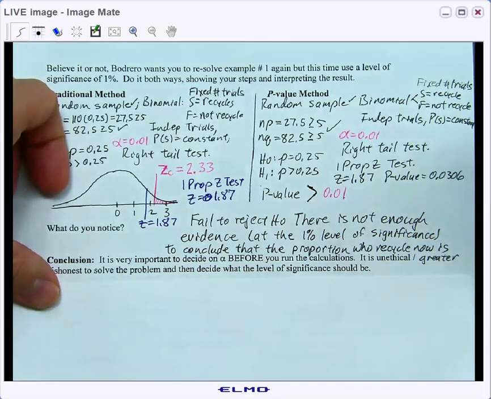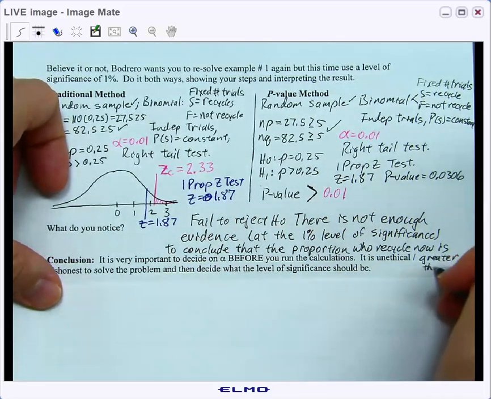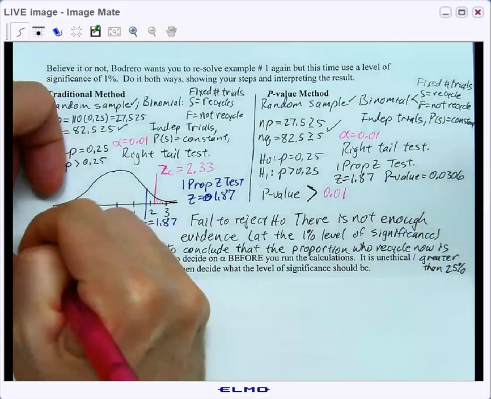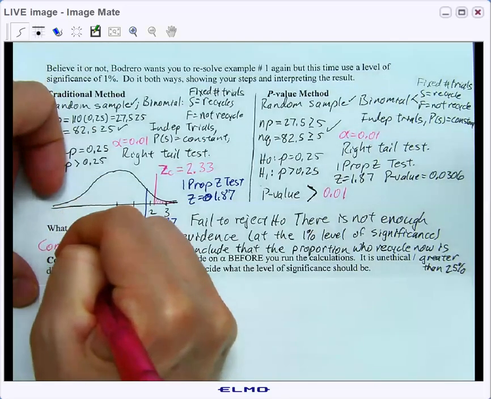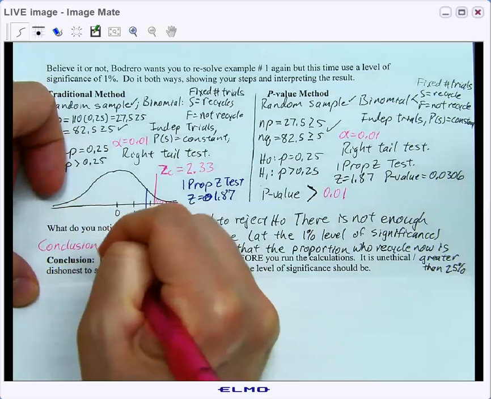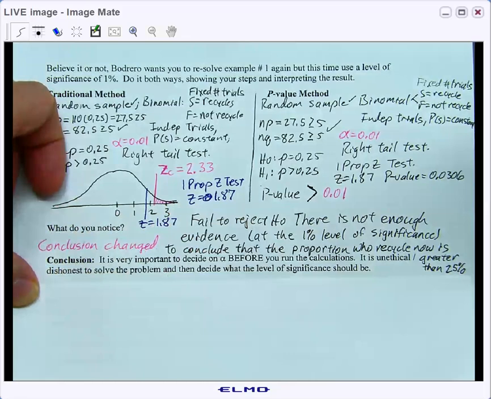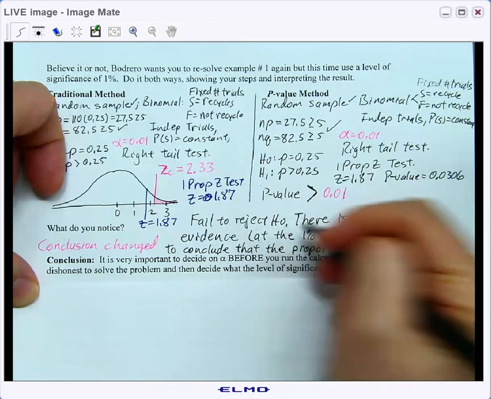I guess I crowded myself there a little bit. Okay. So notice that our conclusion changed because we used a different level of significance. Instead of reject H0, now we're failed to reject H0.